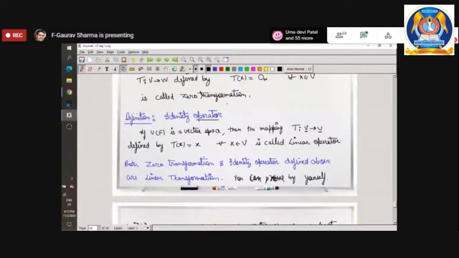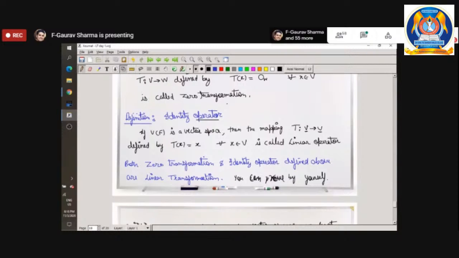It is just to give a distinct name. If V and W are distinct, then it's a transformation. If the domain and codomain are the same, we say it's an operator.